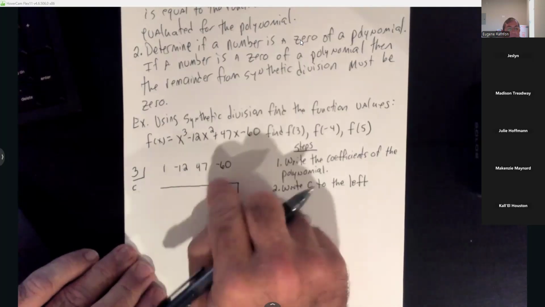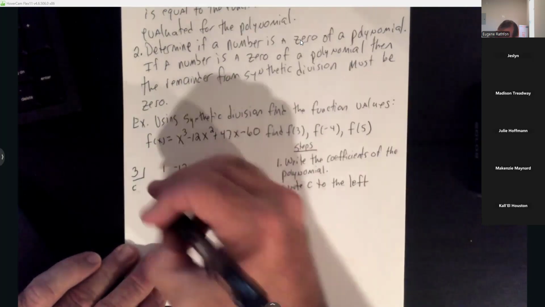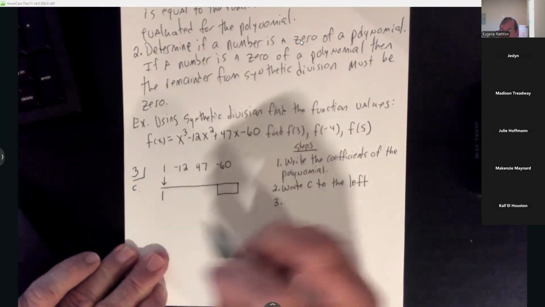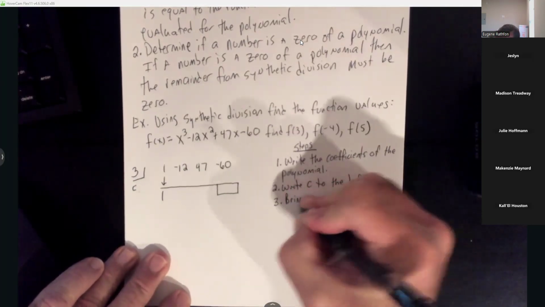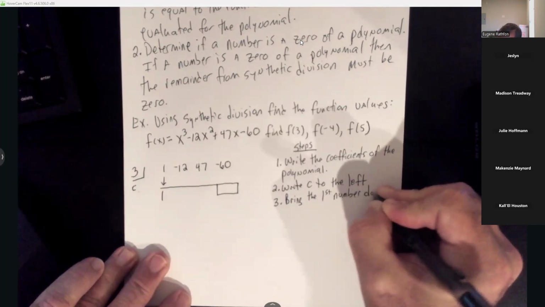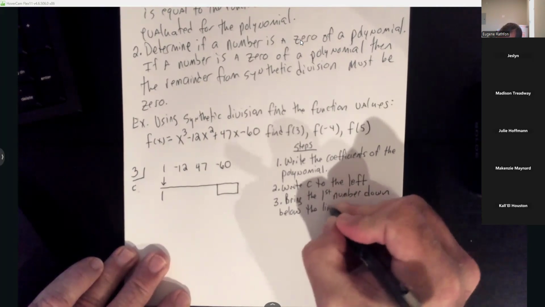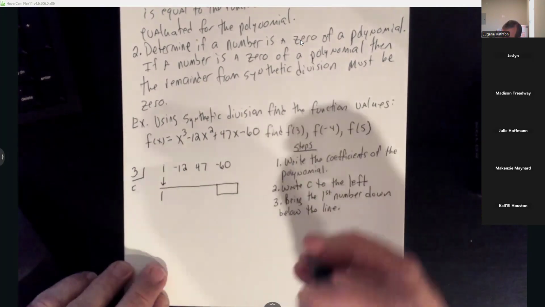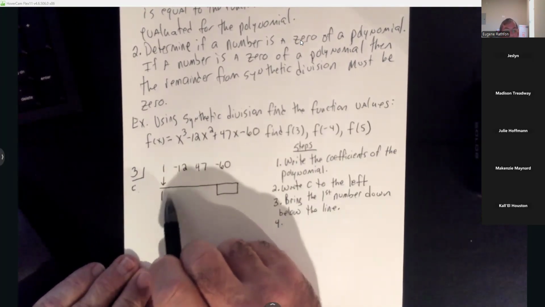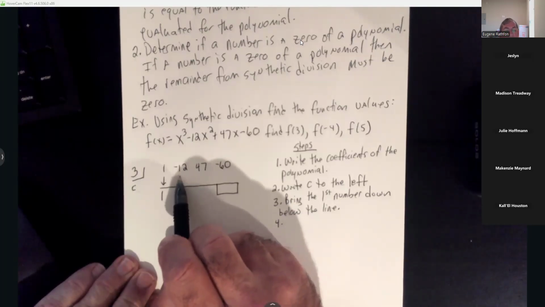Right. So now this is just a repetitious cycle we're about to do. The first step, we automatically bring our first number down. So bring the first number down below the line. Now, when the number's below the line, I'm going to multiply by C and put that in the next column.